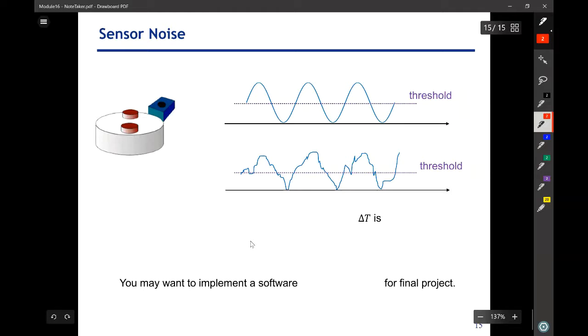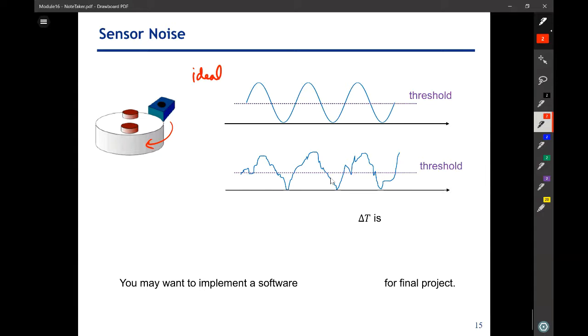And then I also want to discuss a little bit about sensor noise. Ideally, we have a really nice sinusoidal signal as this disc is rotating, and then there is a threshold.